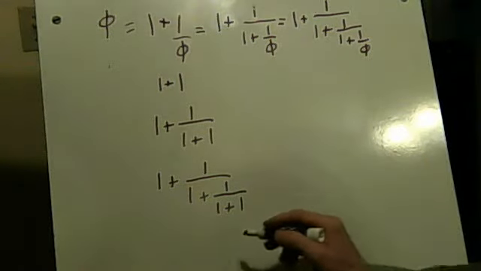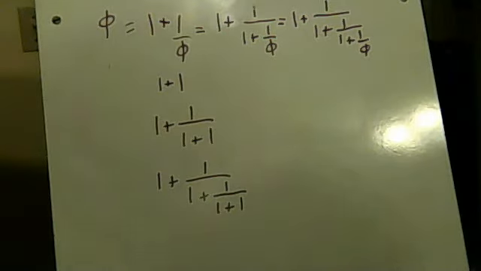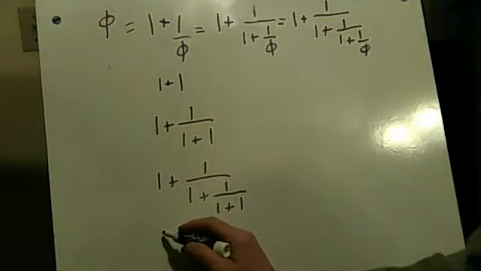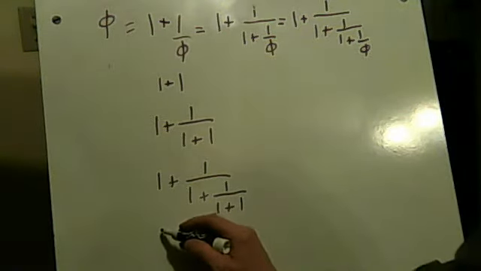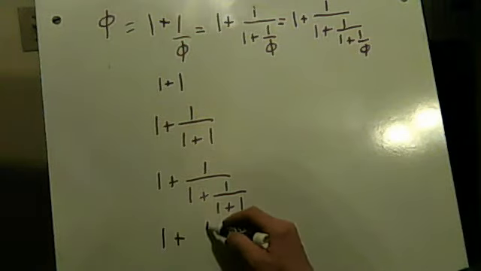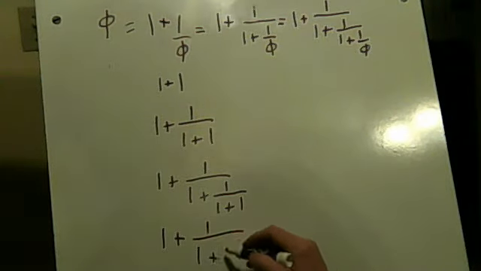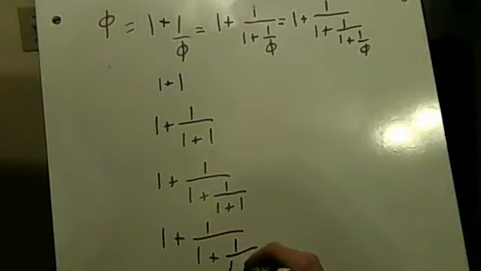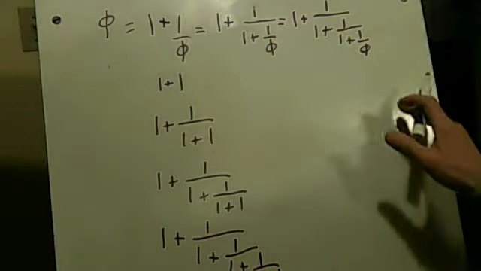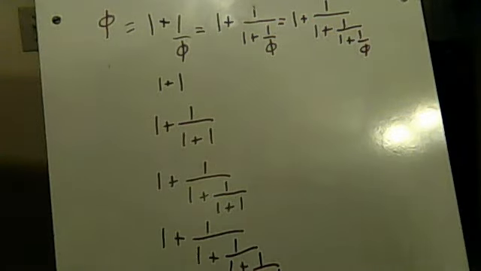And then you can see that I probably have room for one more, if I'm lucky. 1 plus 1 over 1 plus 1 over 1 plus 1 over 1 plus 1. It just keeps going. I almost got that in, not quite. There we go.